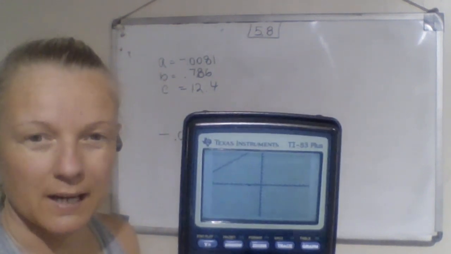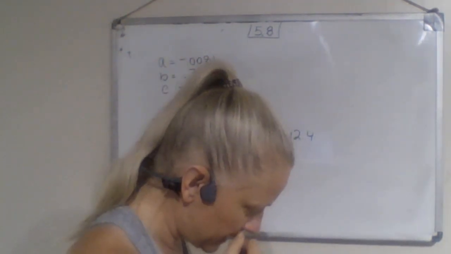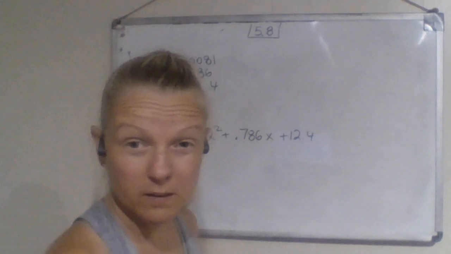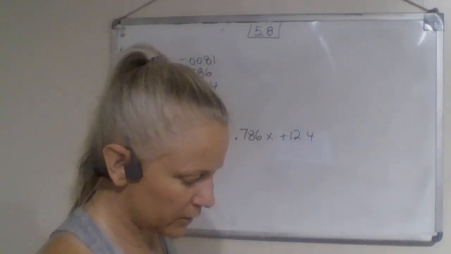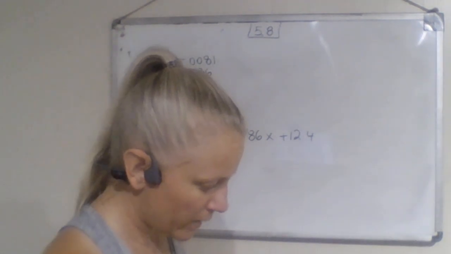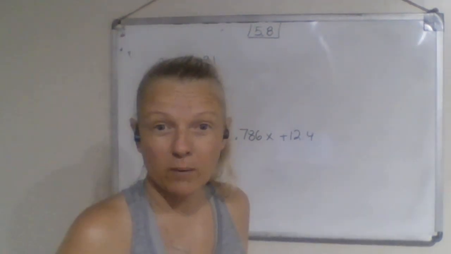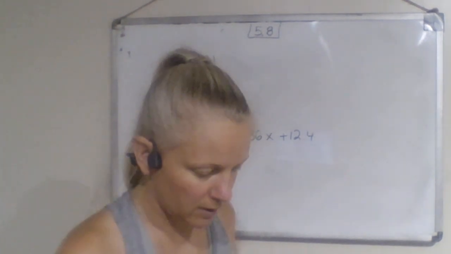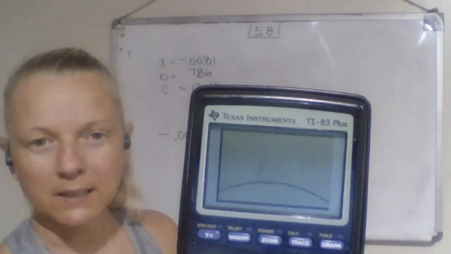And it goes pretty high. I need to play with my window. It's not a big deal. We're going to go ahead and go window, x minimum 0. This is a real life situation. X maximum, I don't know, I'm just going to put 100 because I don't know what I'm looking for. Y minimum 0, Y maximum 100. And I'm going to graph it that way to see what I can get out of here. Can I see the actual parabola or not? And I can. I winged it and I got it.